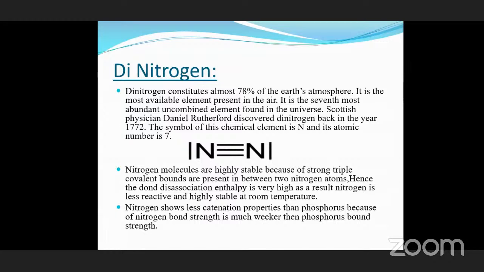Therefore, nitrogen will show less catenation property when compared with the remaining. Generally, the elements which show more bond strength all participate in catenation. Due to the less bond strength, nitrogen will not show the catenation property.